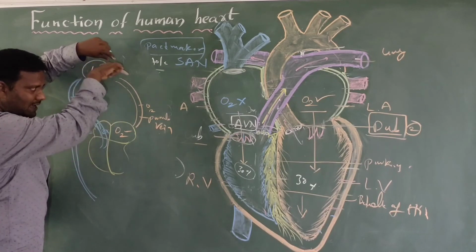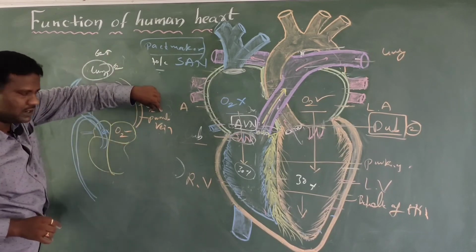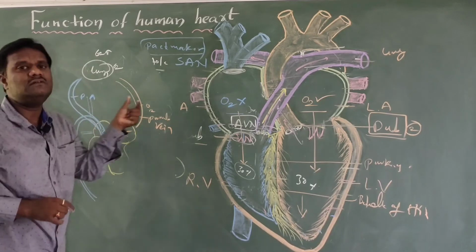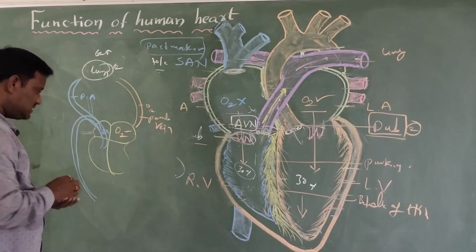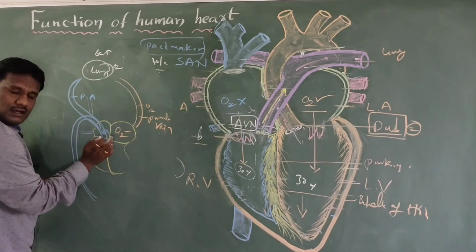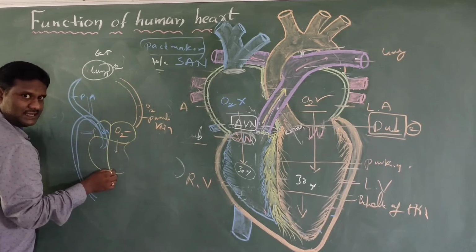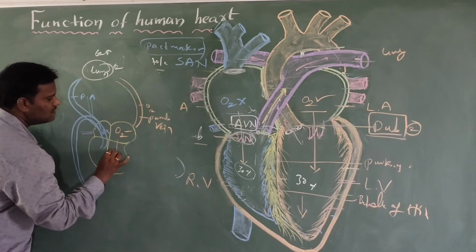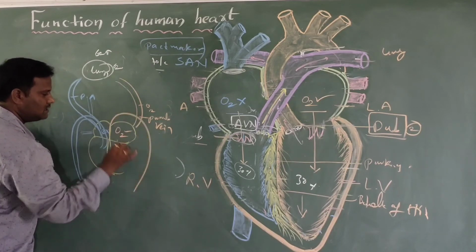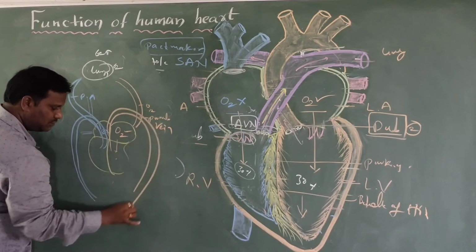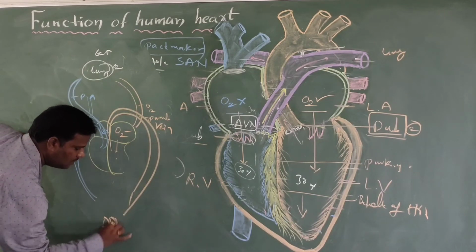This fresh blood enters through the pulmonary veins and reaches the left atrium. Then what happens in the left ventricle, Nana? The fresh blood enters the left ventricle, and the aorta supplies fresh blood to each and every cell in the human body.